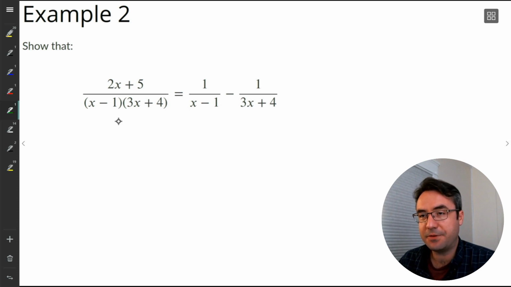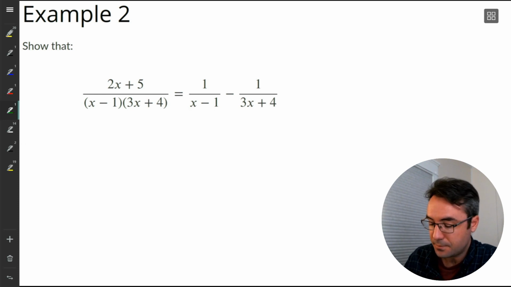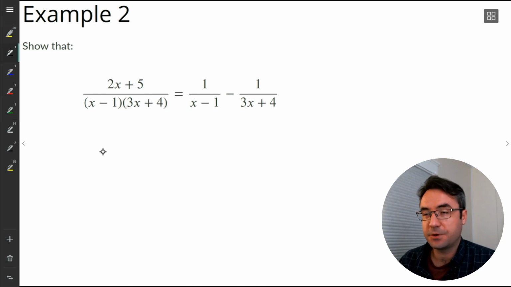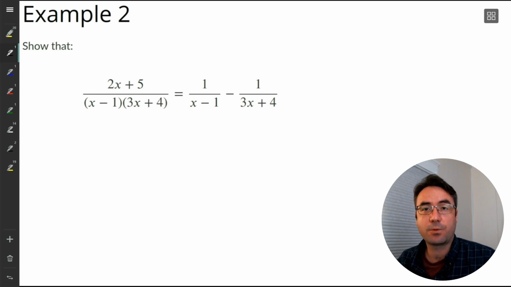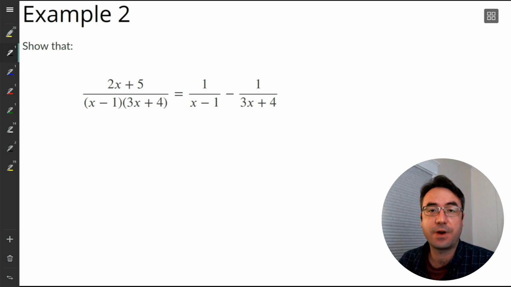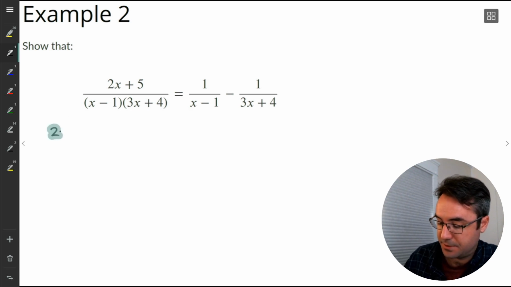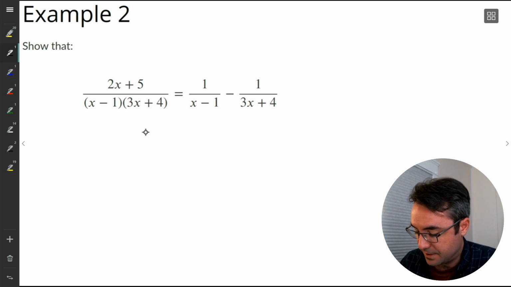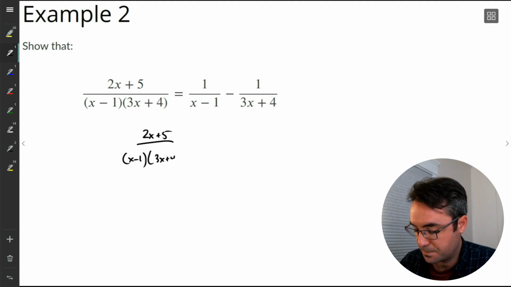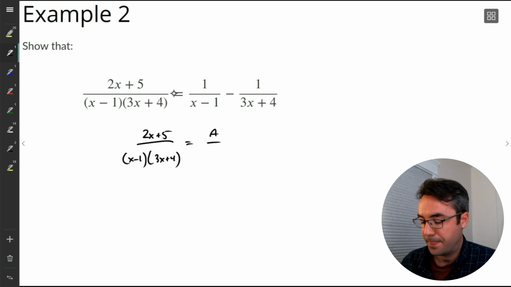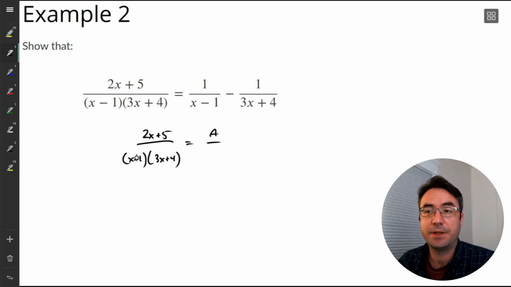So our denominator's already factored, so that's good. The first step for how to do this is just to write the general format for our partial fraction decomposition. I'm going to give myself a little bit of room here in the middle. So I look at this, and this is the same one we did in example 1.